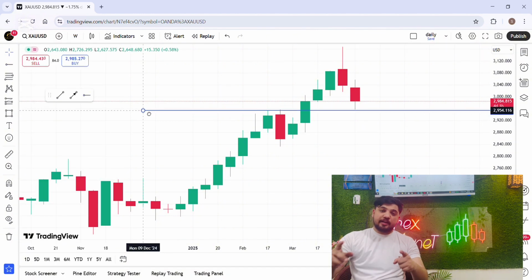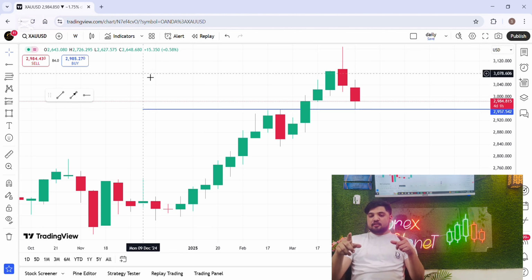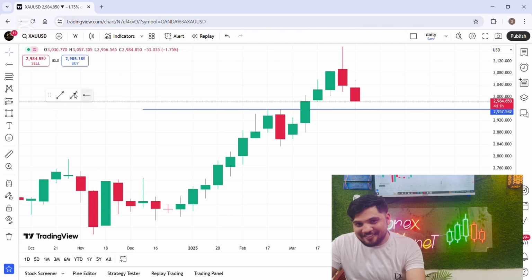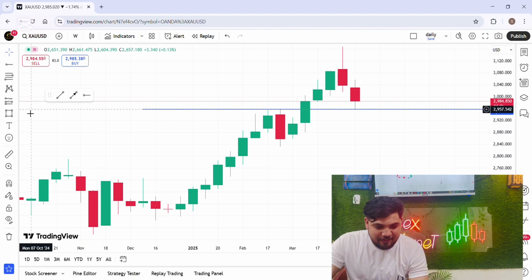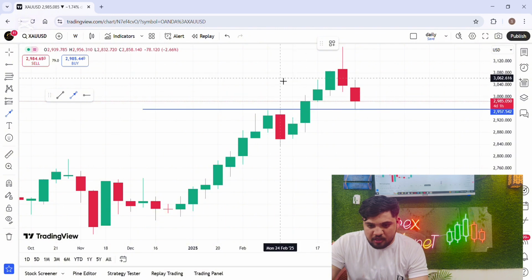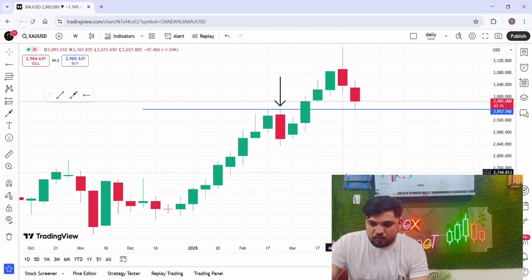I have explained to you many times that once a support is broken, it will act as a resistance level. The same is happening here. This is actually an example. This was the resistance, okay. The market rejected this resistance 2 or 3 times, and now the same resistance is acting as a support here.